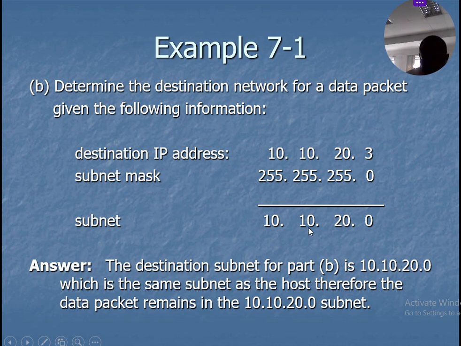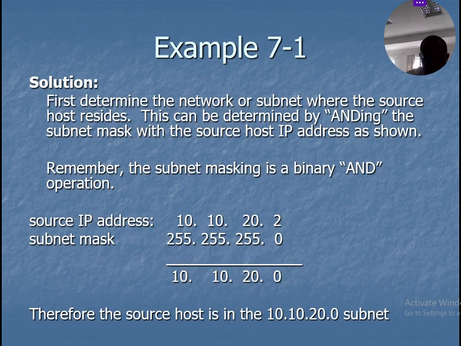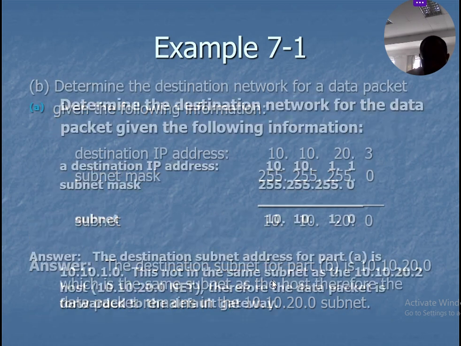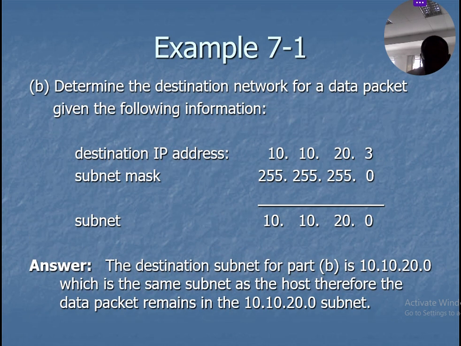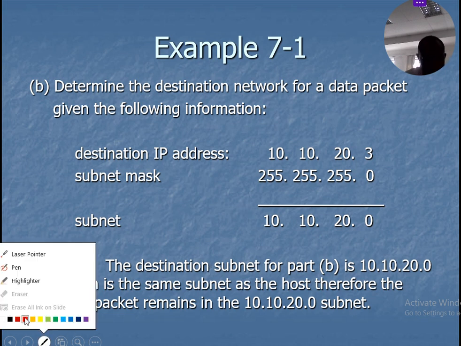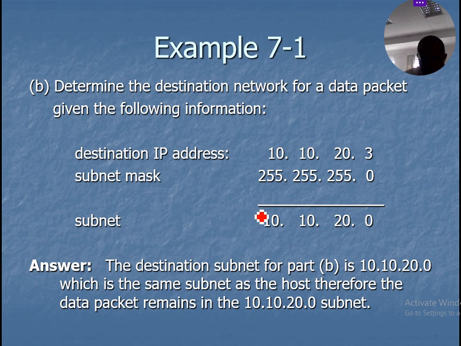You can verify that by checking the source. The subnet for the source is 10.10.20.0. Now if you look at this destination we've calculated, it's also the same, 10.10.20.0. So what this means is that this data packet is not leaving this local area network.